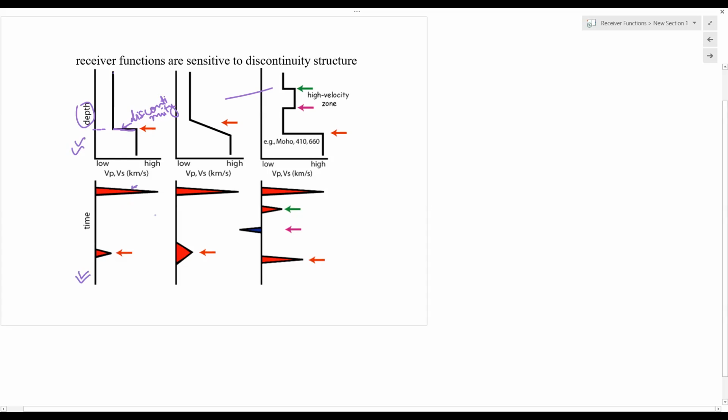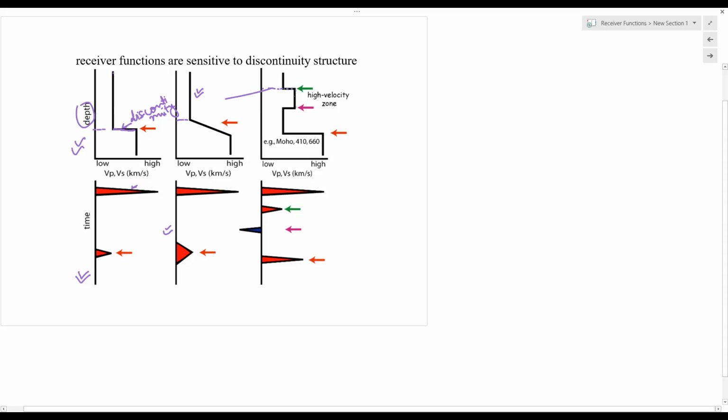If you look at this kind of velocity structure, here you will see the velocity is pretty much constant up to this step, and then it is gradually increasing and becoming constant. And the response of the receiver function will be like this. And here you are seeing the velocity is constant up to this step, and then there is a high velocity zone.